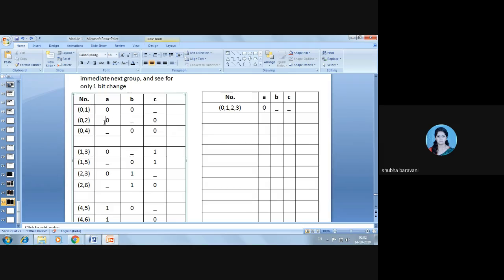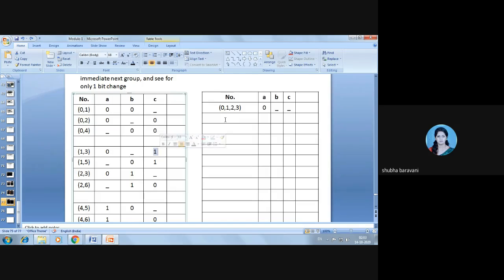See, 0 2 1 3. See, 0 is 0, this is changing and 0 changes to 1.